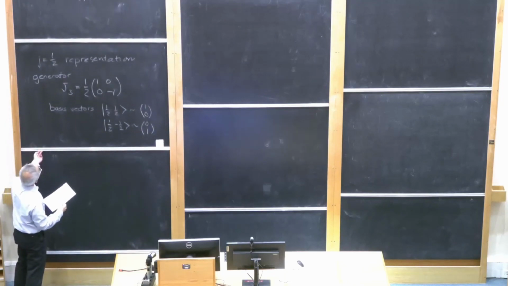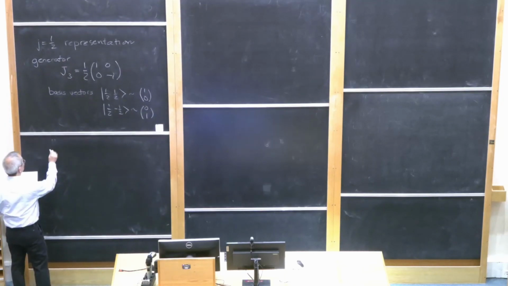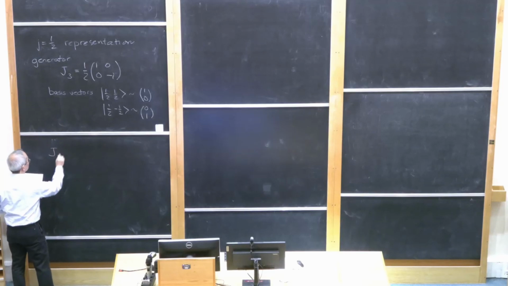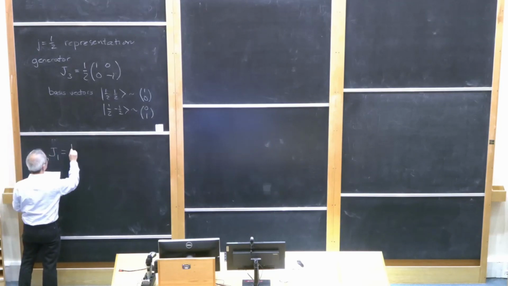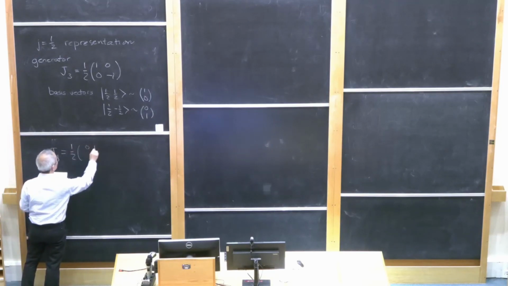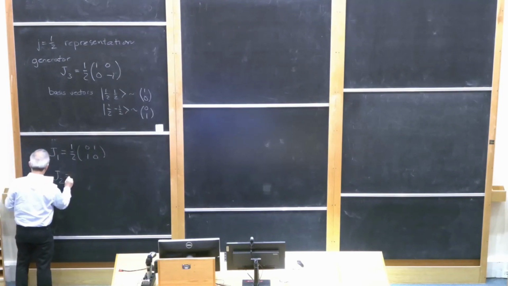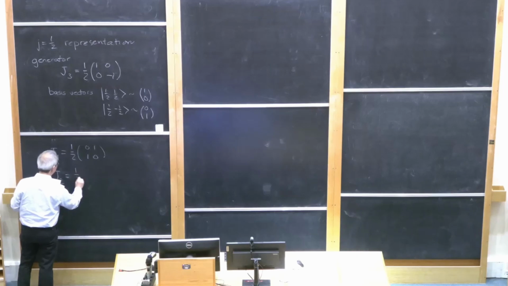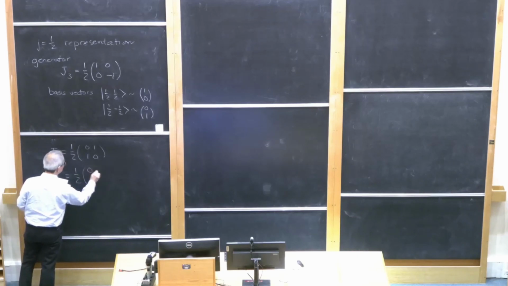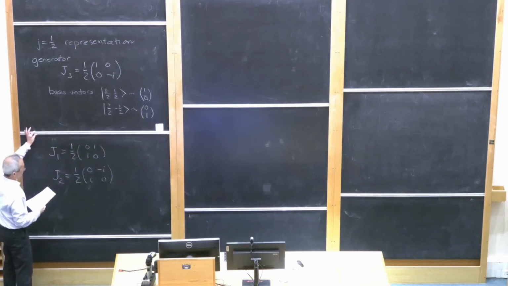Right, so what are the other ones? Well, it turns out that these are also fairly well known. And then J2, you will get 1/2 times the matrix 0, minus i, i, 0.